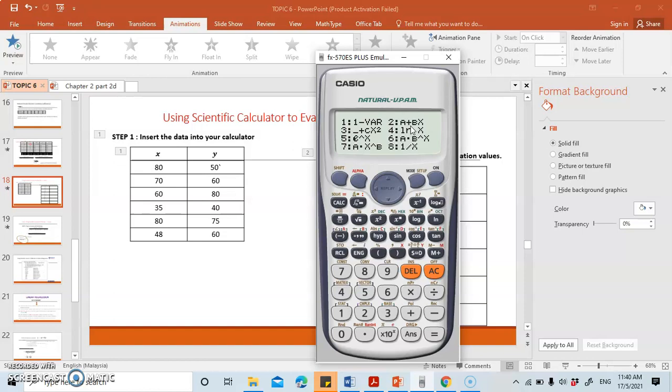For the correlation coefficient, please press number 2, not number 1. Number 1 is for the variance, standard deviation, and mean value. So now press number 2. Now in your calculator, you have the columns for x and y. Insert all values of x and y into your calculator.